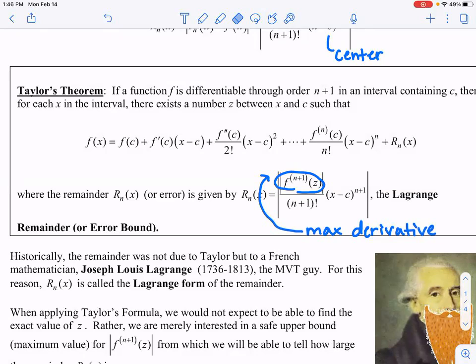That z is basically saying we need to think about how big that derivative could be in the interval.